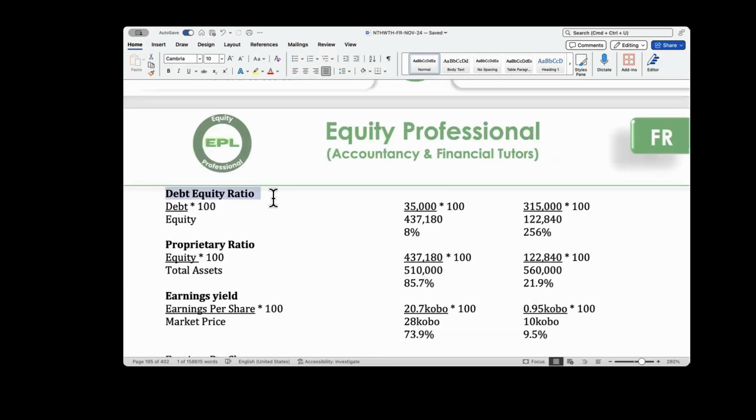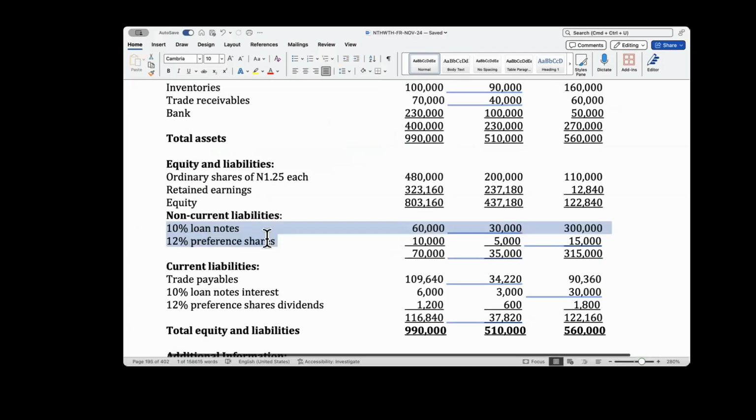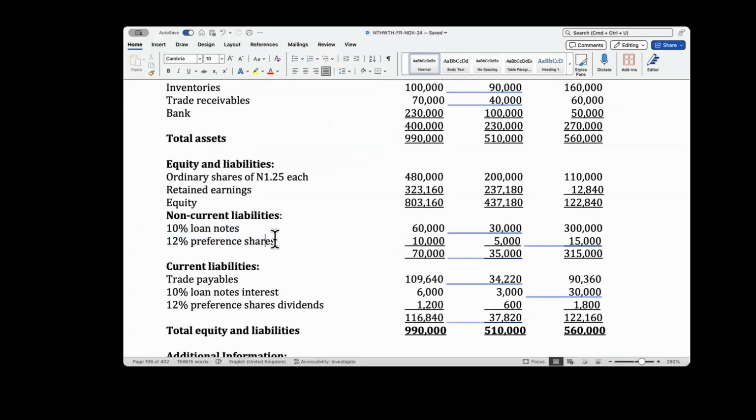Debt equity ratio is just as the name, debt over equity. So for the debts, I use non-current liabilities, not even all the items in non-current. I noted that in most of these questions in ratios, they don't give you items like provisions, like deferred tax, when they want you to compute ratio. Even if they give you as part of your non-current, don't consider that debt.